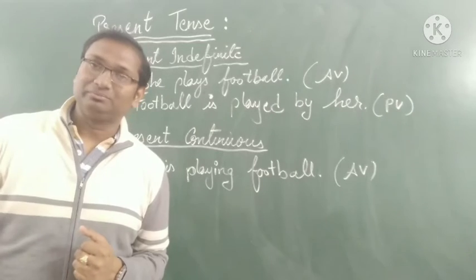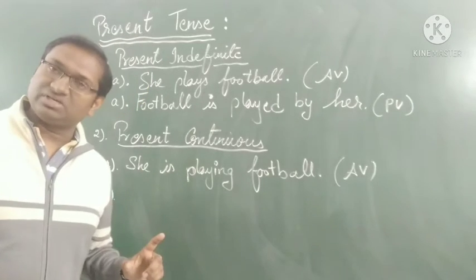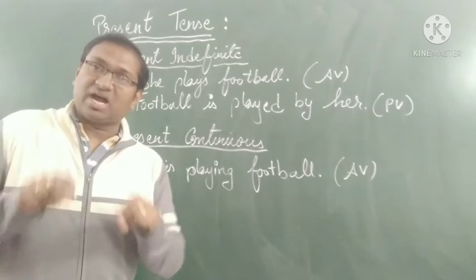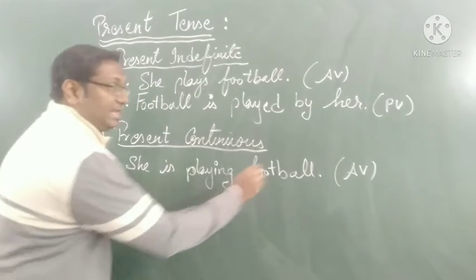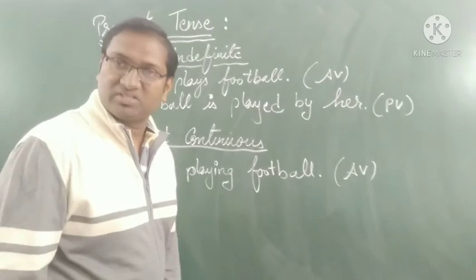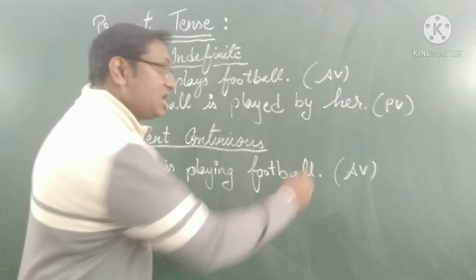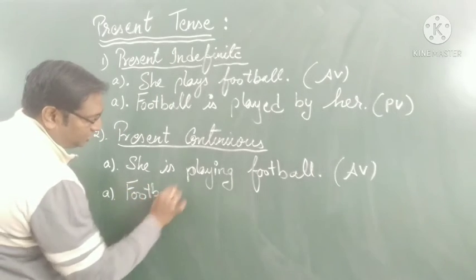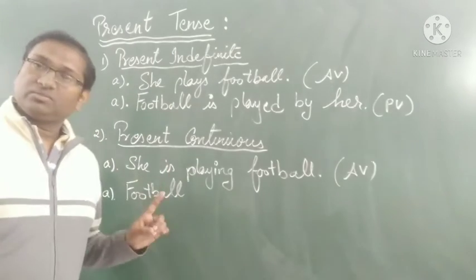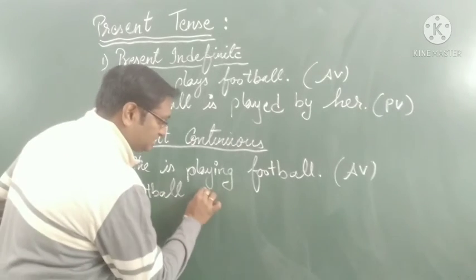Now next, present continuous, the ing form of the verb. Same formula we are going to see, and according to the chart which I showed you, we are going to follow. She is playing football. This is active voice, present continuous active voice. Again, according to the formula of passive voice, football, singular, is.